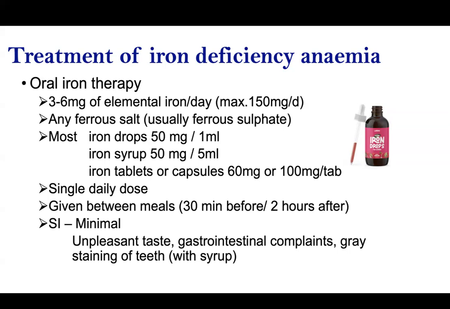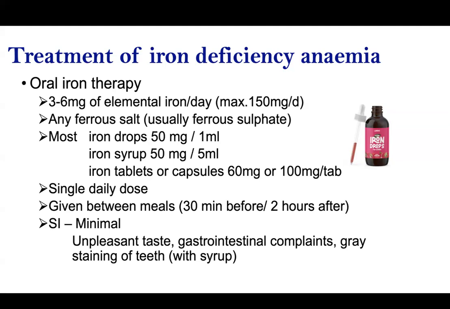A normal ferrous sulfate tablet has about 60 milligrams of elemental iron, but there are some commercial capsules which have 100 milligrams of elemental iron per tablet. So get used to 1 or 2 preparations and know exactly how much elemental iron each contains, so you can use them properly.